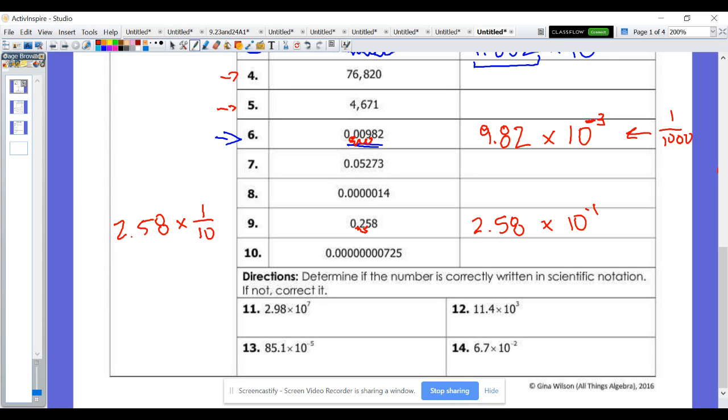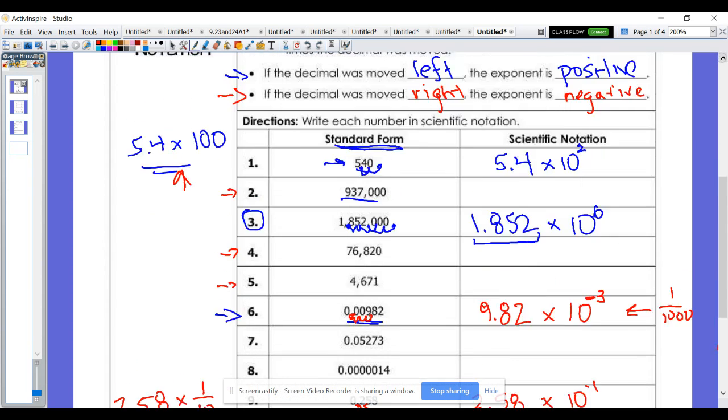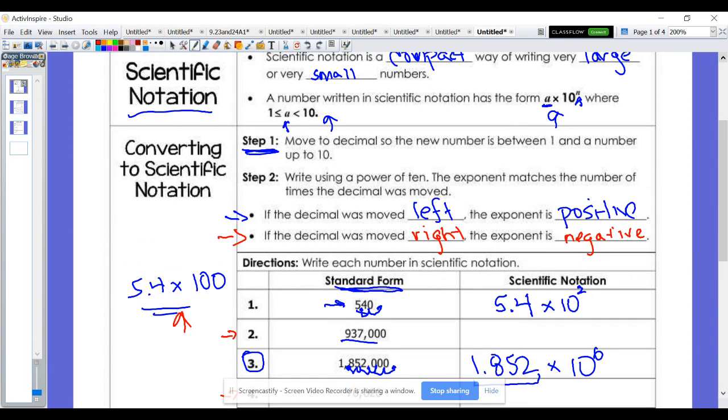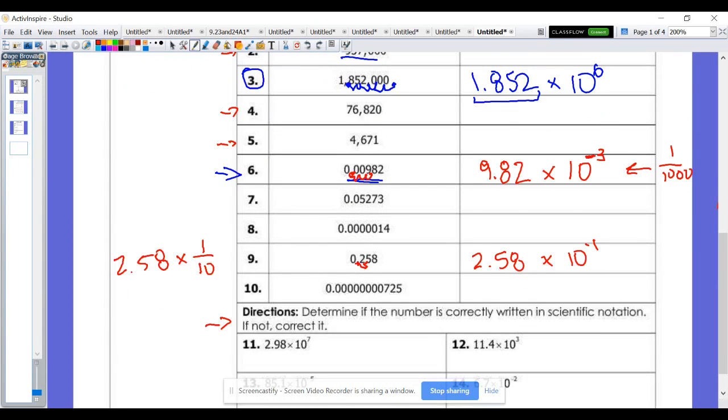They're asking us here to see if the number is correctly written in scientific notation, and if it's not, correct it. So what it's really asking you to do is look up at these rules at the top. The rules for scientific notation is that your first number part has to be between 1 and 10 times 10 to some other number.